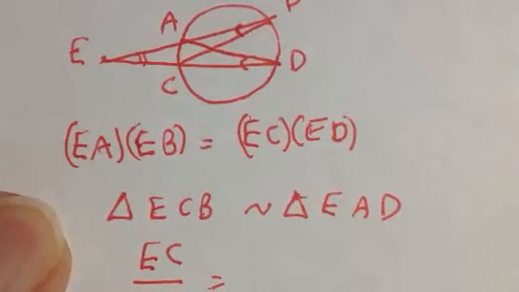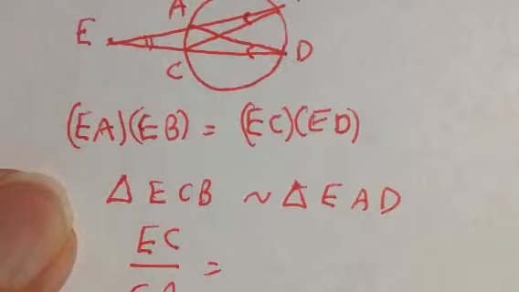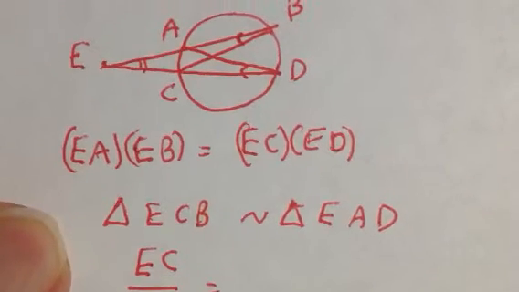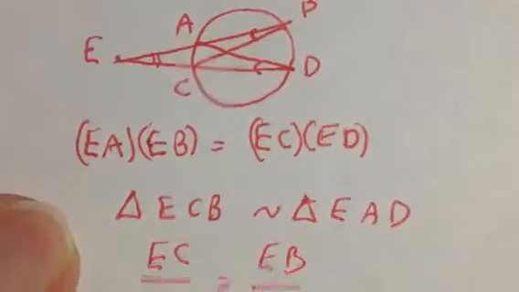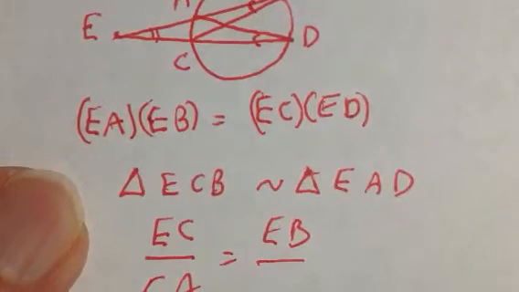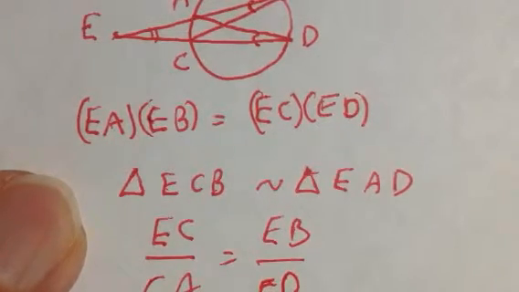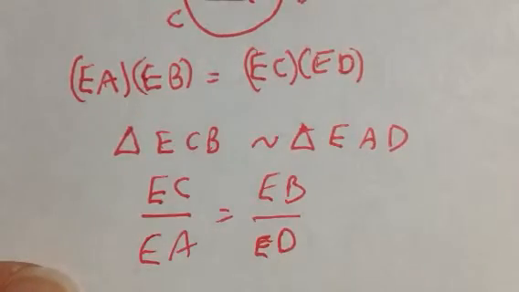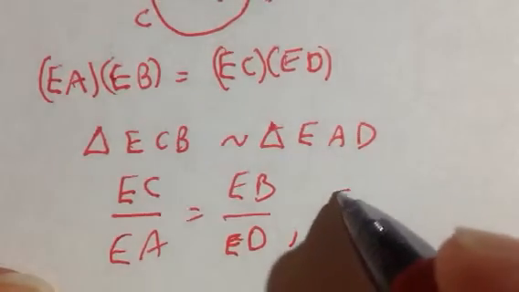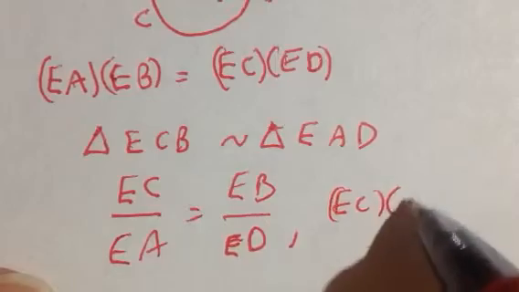And in triangle ECB, we also have EB, which will correspond to ED. And by simply taking this ratio and cross multiplying, we get EC times ED is equal to EA times EB.